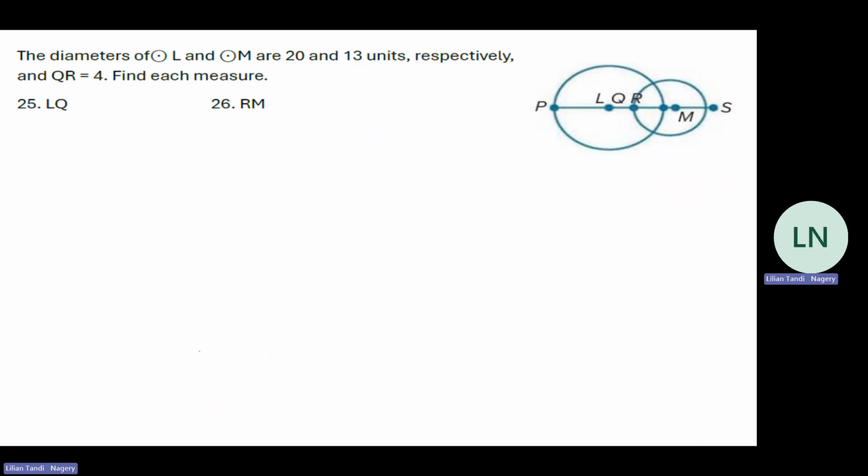We repeat the same. Draw the line. Draw that line.